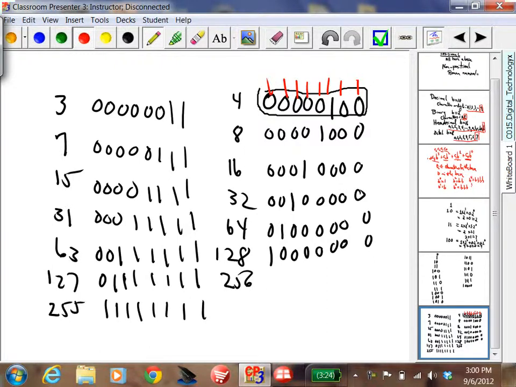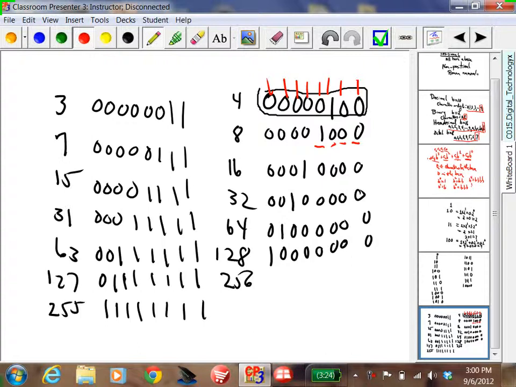Everything is 0 except the 4. So this is 1, 2, 4, 8. Everything is 0 except the 8. So this is how you represent 8.